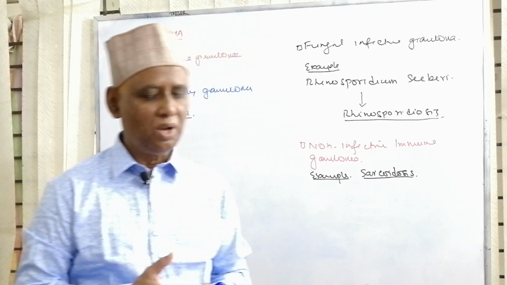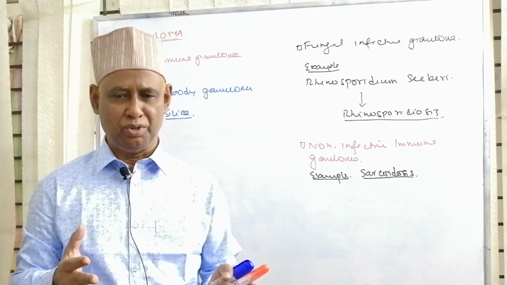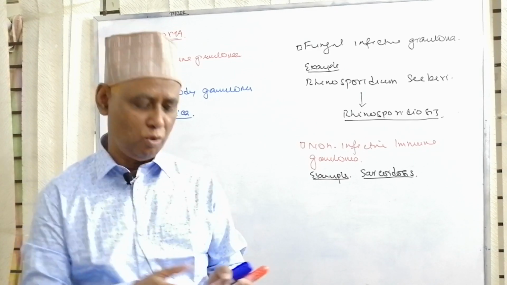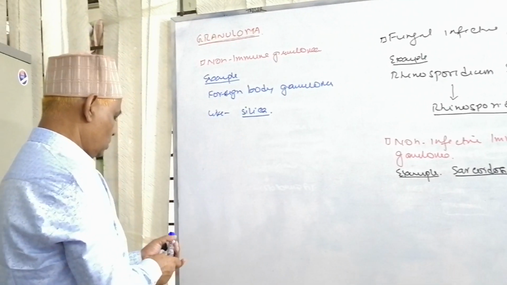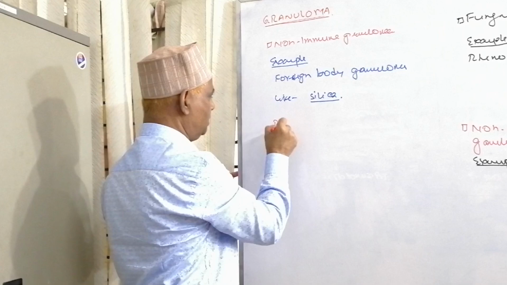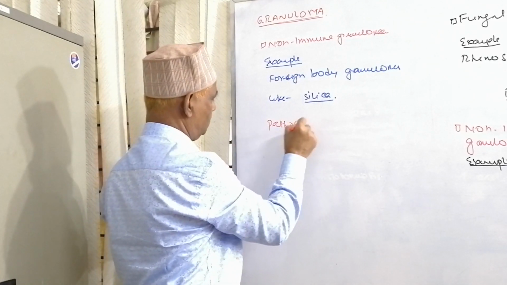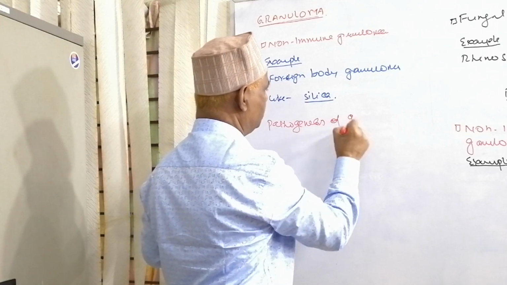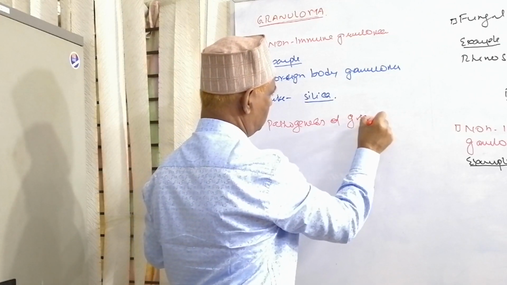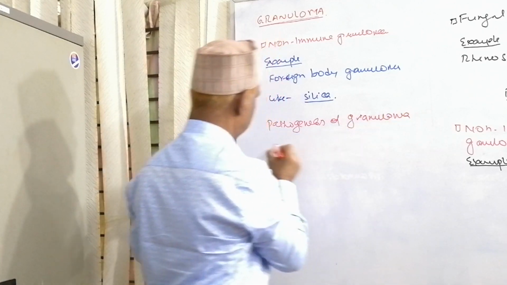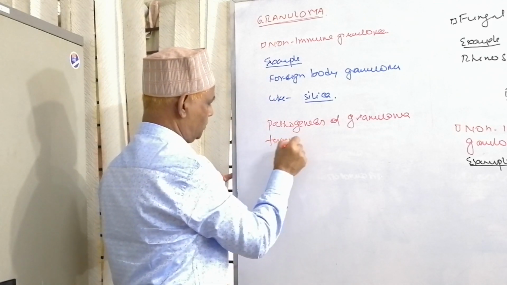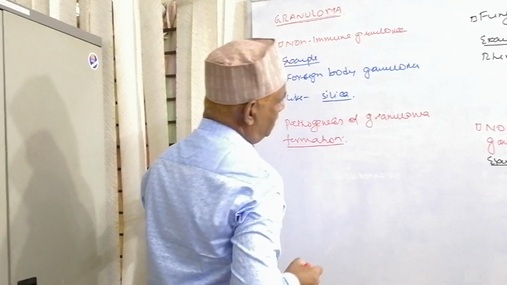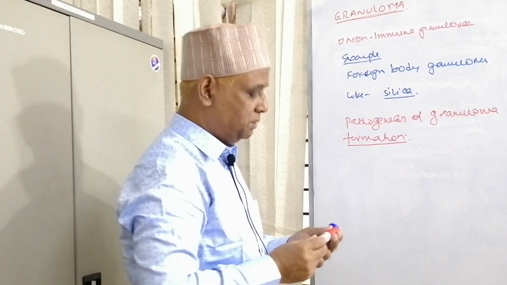Now come to how a granuloma is formed. What is the mechanism, or what are the steps, of formation of granuloma? Now come to the pathogenesis or mechanism of granuloma formation: how a granuloma is formed on exposure to an irritant or an infective agent.